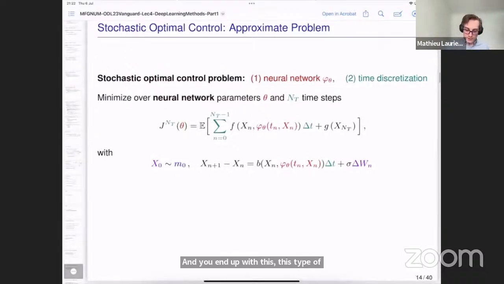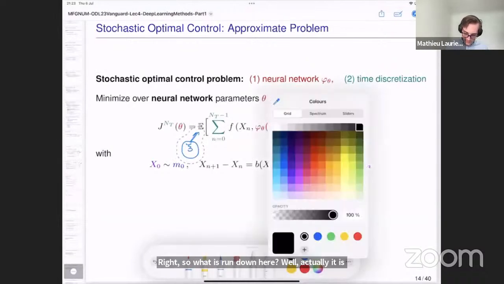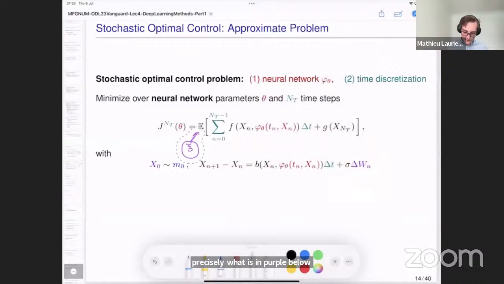Now you have an expectation here. I'm not writing the Xi, but it's an expectation over some kind of random sample, right? So what is random here? Well, actually, it is precisely what is in purple below, and it is x0 and delta w, which is an increment of the Brownian motion.